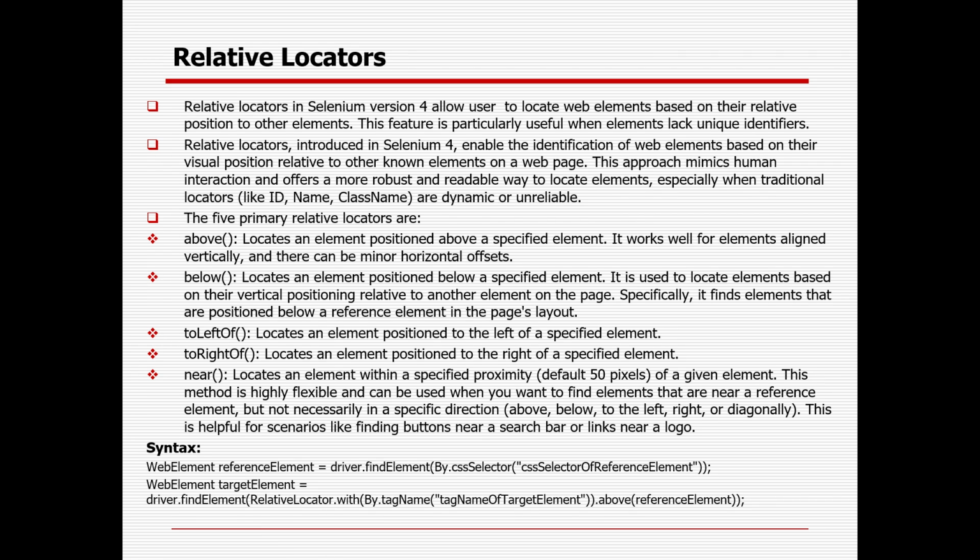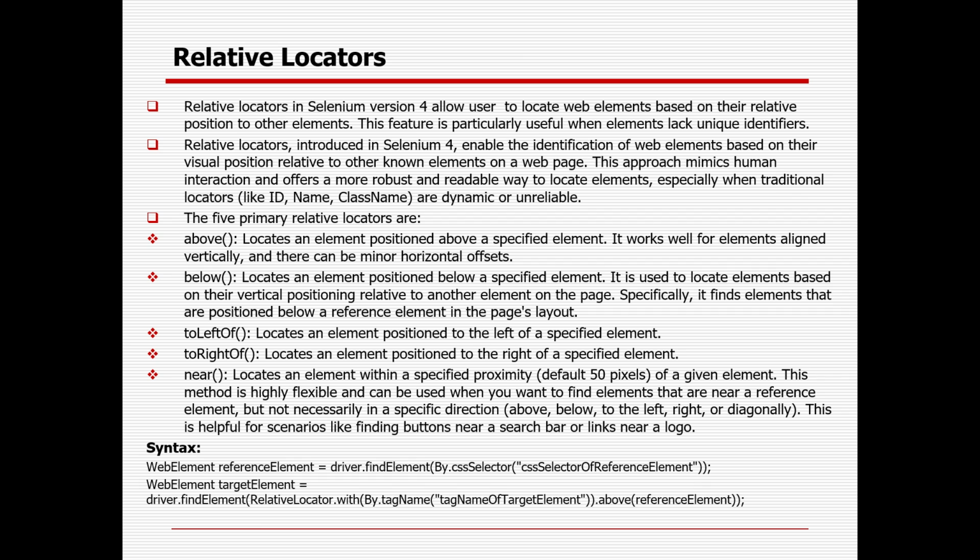So what is the way we can use the relative locator? We need to create a web element first using any of the locators, and from that reference element we can use above, below, to left of, to right of, or near.